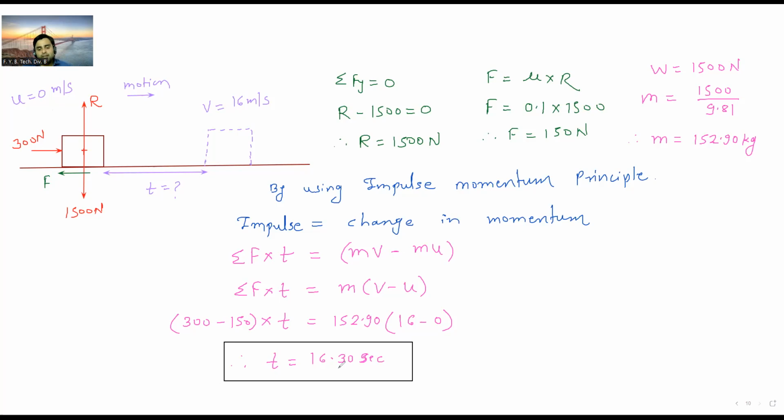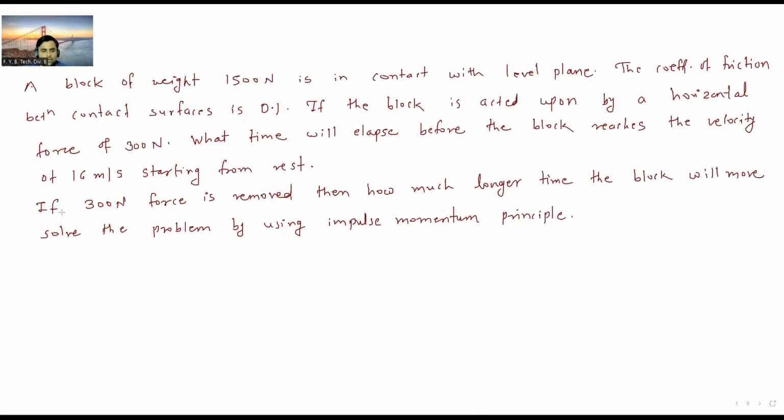जायसाठी त्याला टाइम किती लागेल? 16.3 seconds. ओके. प्रॉब्लेम इथं संपलाय का? नाही. पुढे काय विचारलंय बघा ते. Further they ask you something else. Further what they have asked you? ह्या पहिला पार्ट संपला.